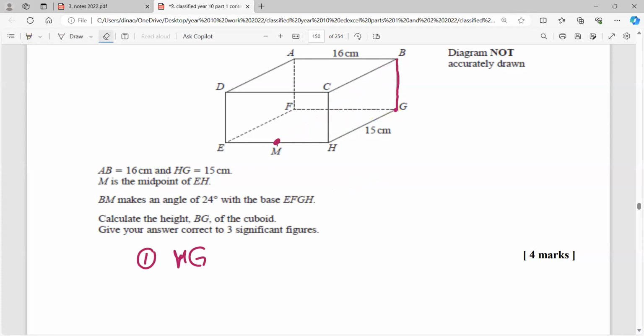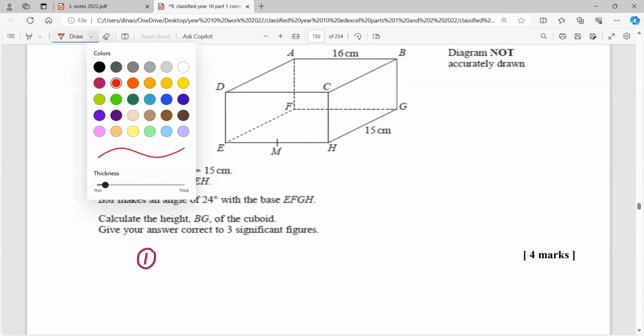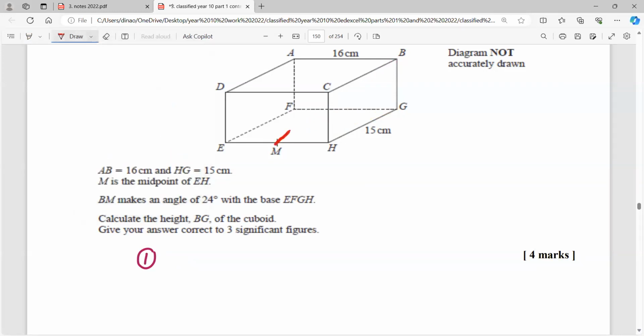Okay, so let me do it again. 1, 2, 3, 4. 1, construct the flying diagonal. 2, drop perpendicular. 3, join for point M. 4, calculate this side over here immediately using Pythagoras theorem. Right away. Of course, where is the angle? The angle is here, which is 24. Guys, these 1, 2, 3, 4 are fixed, they don't change.